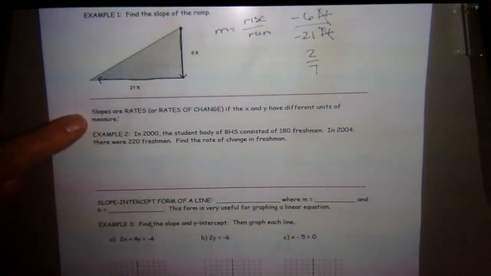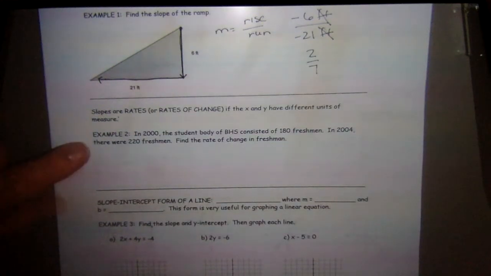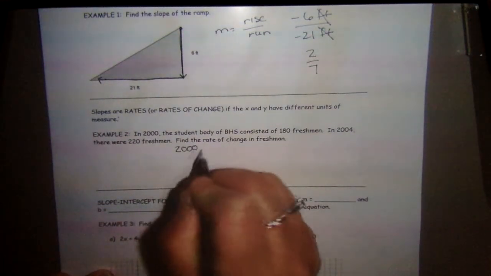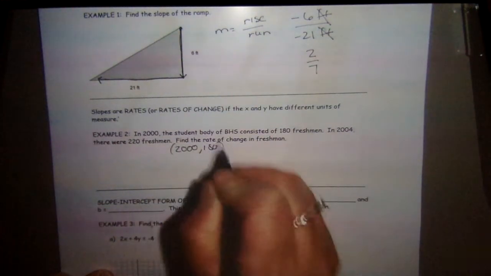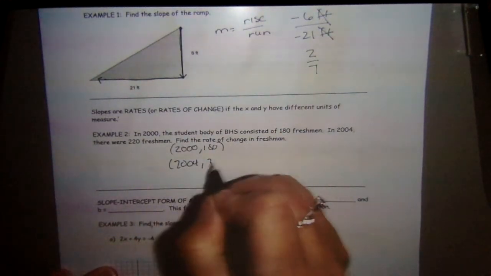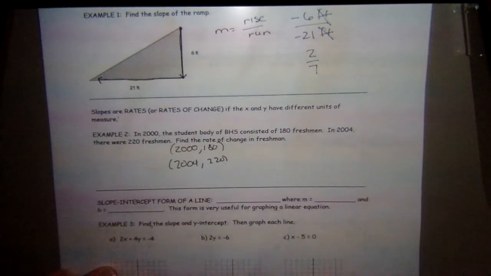Slopes are rates, or rates of change, if the x and y have different units of measure. So for example, in 2000, the student body at BHS consisted of 180 students. In 2004, 220 students. What's the rate of change?